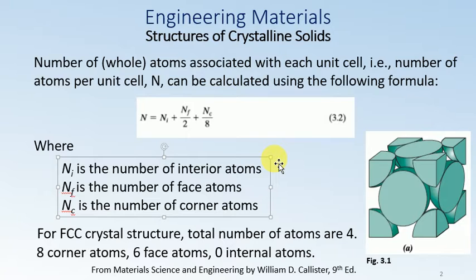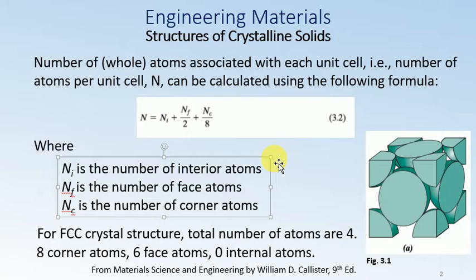On each of the 8 corners there is an atom present, but these atoms are not completely attached with this unit cell. Just 1/8 of each of the 8 atoms is present in this unit cell of the face centered cubic structure.